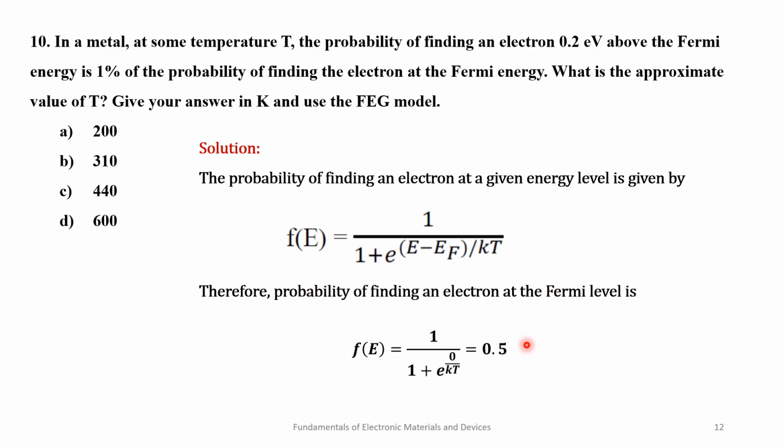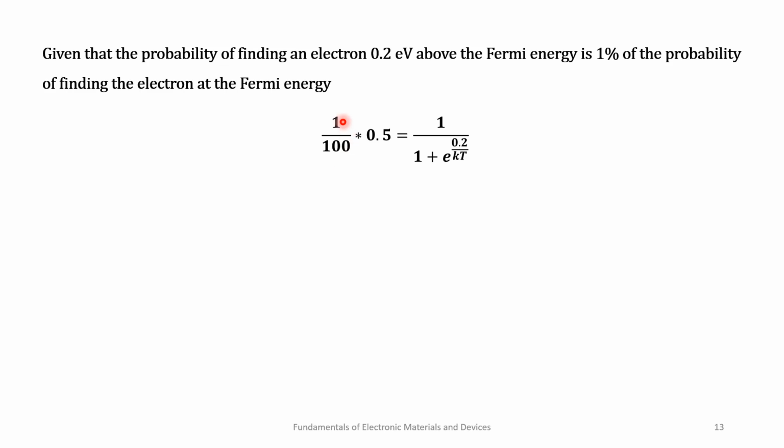We got some value 0.5, we keep it aside. Then we go back to the statement. There is another Fe value, and that Fe is for E minus EF equal to 0.2 electron volt. And this new Fe value is 1% of what we got at Fermi level. That is why we multiply 1% into 0.5.